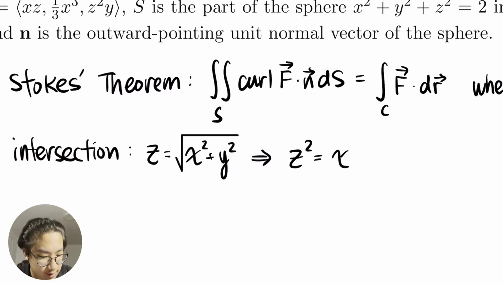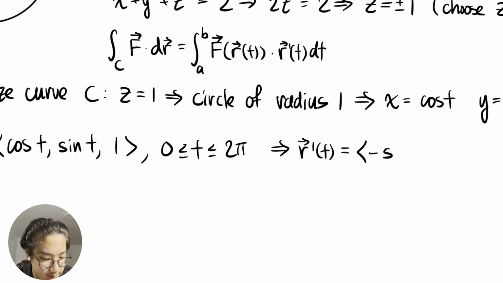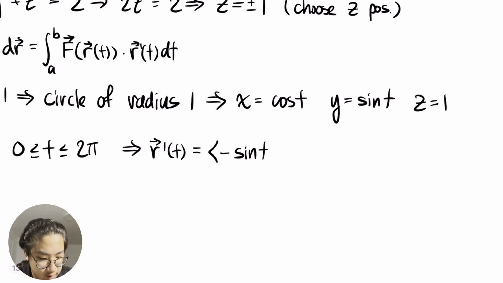Then we can also compute r prime of t, just taking the derivative component-wise. So we get negative sine t, cos t, and 0. With this in mind, we can then compute this part right over here.